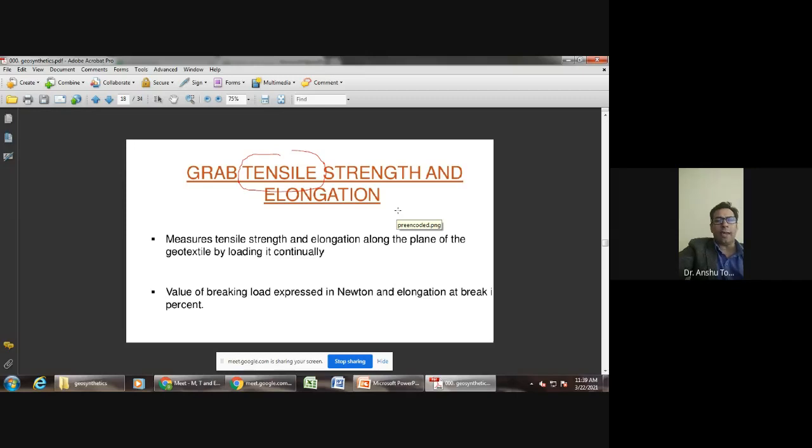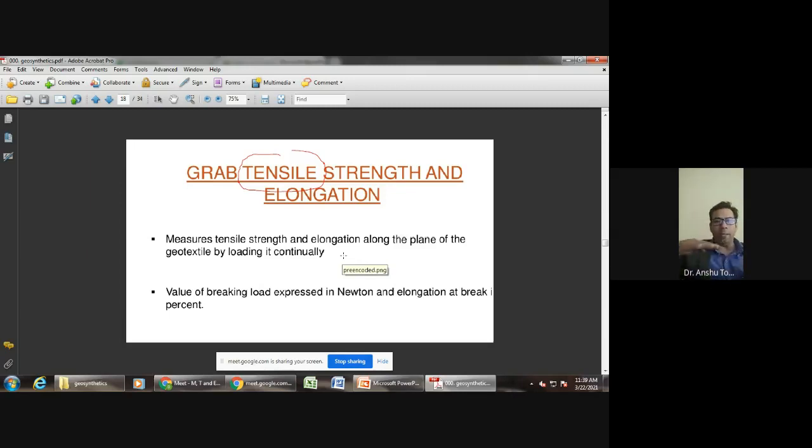So geotextiles and fiber reinforced polymers all have got very high tensile strength, and due to which they resist all the other types of load by their intrinsic behavior of the tensile strength along the plane of geotextile by loading it continually.